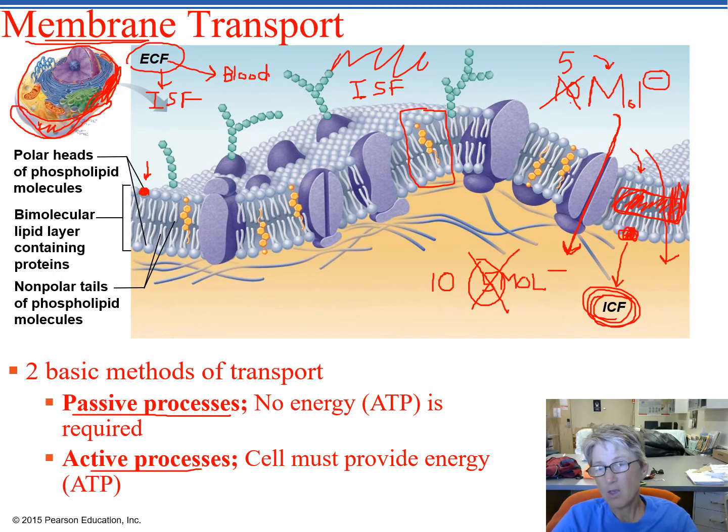Now you're not moving down your concentration gradient, because 5 is smaller than 10. The concentration gradient would have you move from 10 to 5. But if the cell needs to move in the direction 5 to 10, you're going against your concentration gradient.